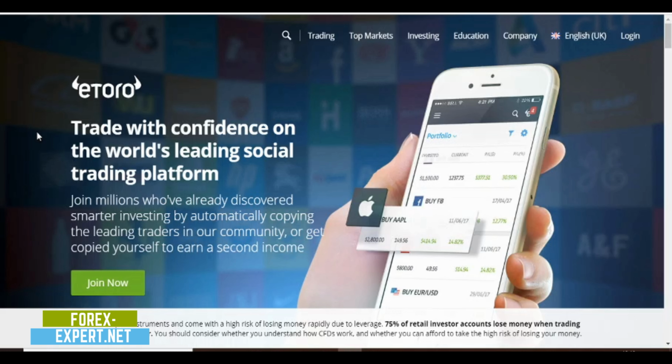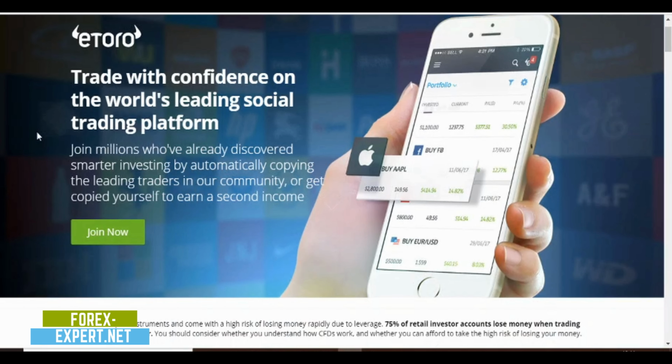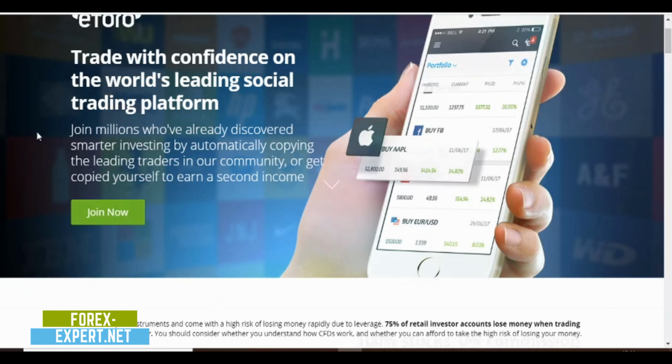On this platform, this is a very famous one, you will find the best traders on the internet. You can copy them, you can interact with them, so you will have the opportunity to learn from them. It's a popular one, it's a regulated company, so you don't have to worry about anything. They have like 7 million customers.